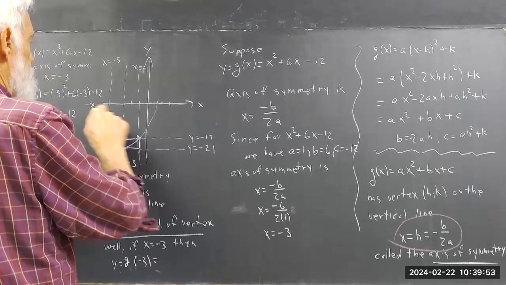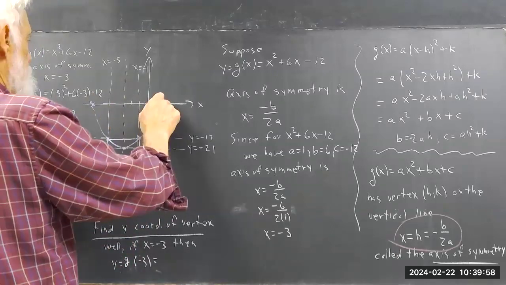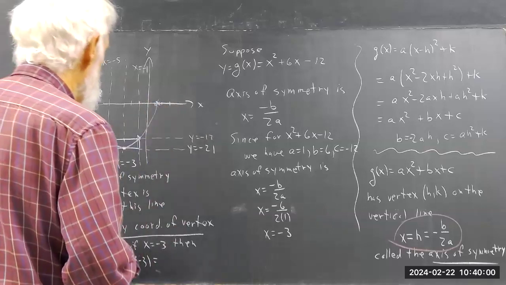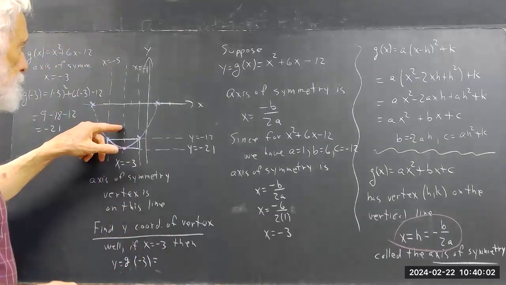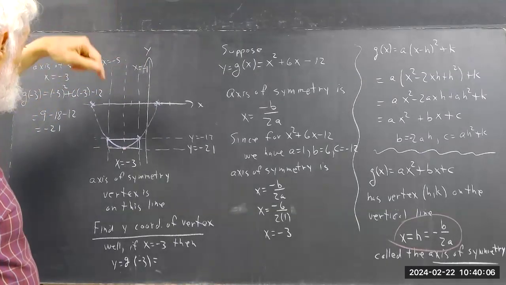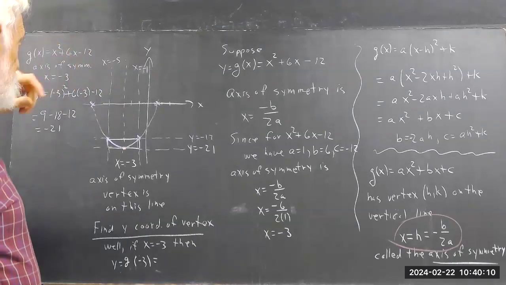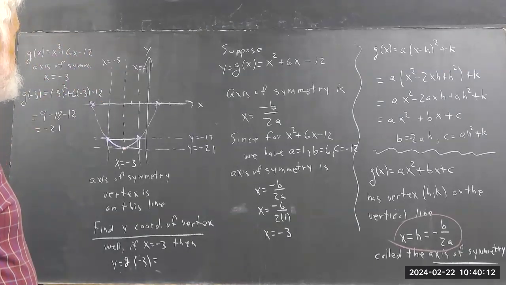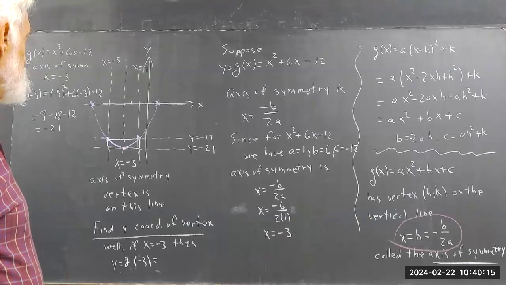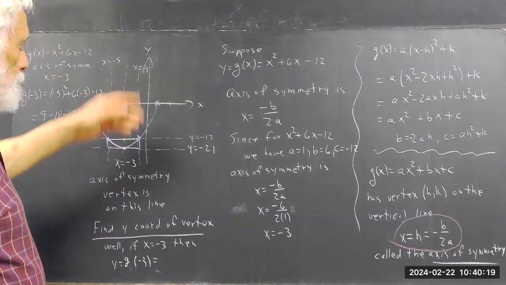And I can estimate where that is. If this is x equals -3, well, that's x equals a little over 1, between 1 and 2. Over here, maybe around x equals -7. So that's reasonable, but we don't know for sure.